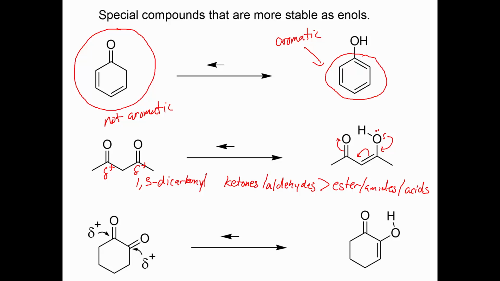Okay, we also have, in this case, a very strong intramolecular hydrogen bond. And these are very stabilizing structural features, this resonance interaction and the intramolecular hydrogen bonding, which tend to make 1,3-diketones more stable as enols.